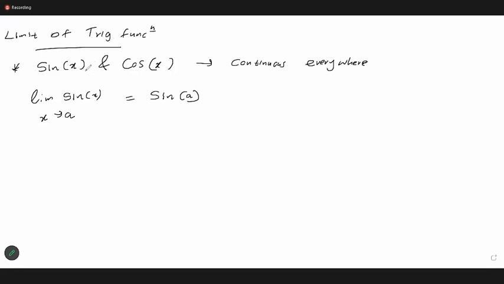Not all the trig functions, right? For sine and cos, this is valid. When you need to find the limit of cos x when x approaches a, then you can just plug in the value for that. This is valid.